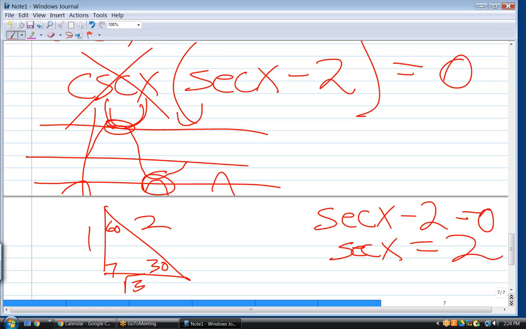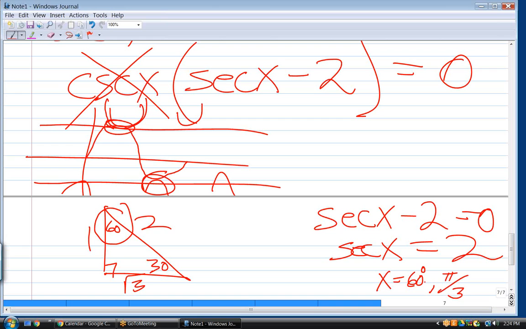So which angle is the secant equal to 2? The 90-degree angle? No. Secant is the reciprocal of cosine. So cosine of 60 would be 1 over 2, which means the secant of 60 would be 2 over 1. So x equals 60 degrees or pi over 3.